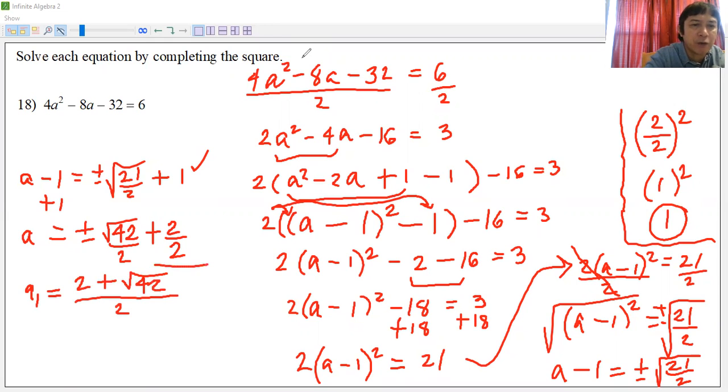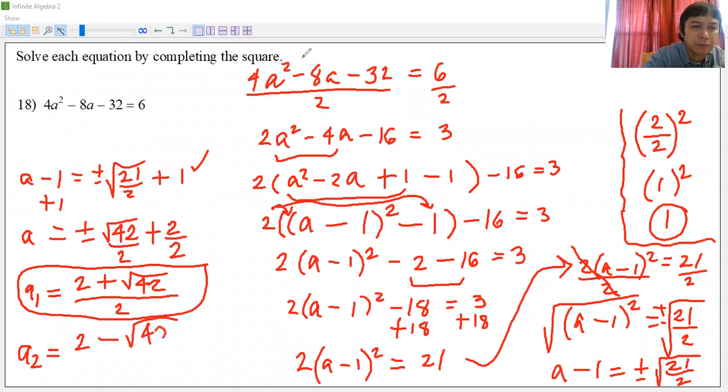There. And that's our first answer. And then our A2, we can write the 2 followed by the minus square root of 42 all over 2. This is our second root there. And these are our answers, okay?